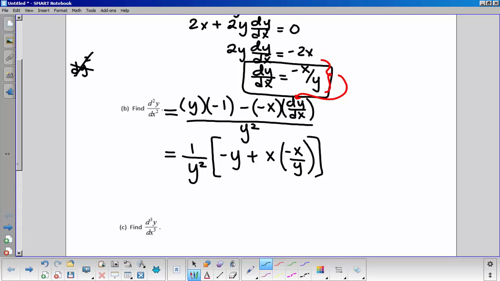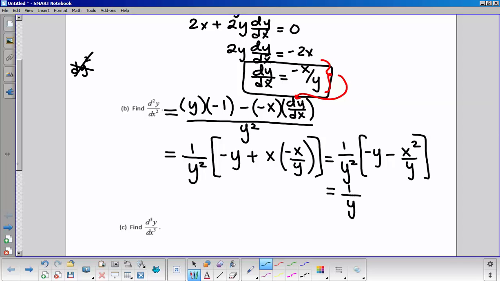Everybody got that? Now, we can also simplify this a bit and get 1 over y squared times negative y, minus x squared over y. Can we find a common denominator inside the brackets there? What would it be? Y. So this is going to be 1 over y squared times negative y squared minus x squared over y.